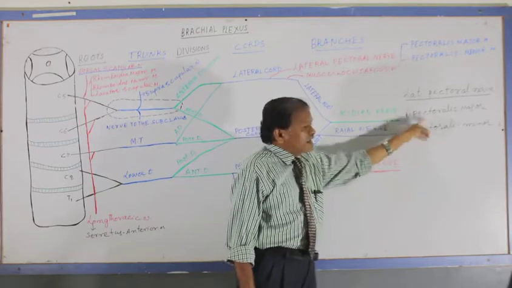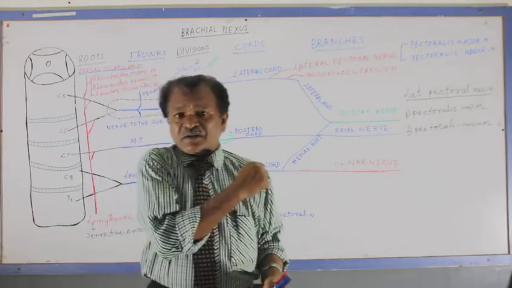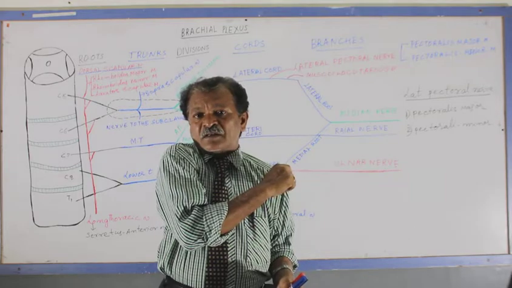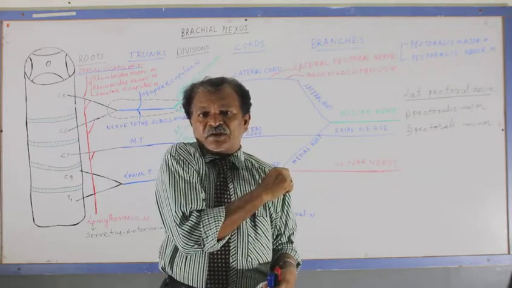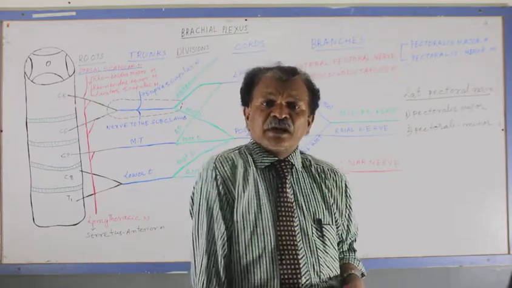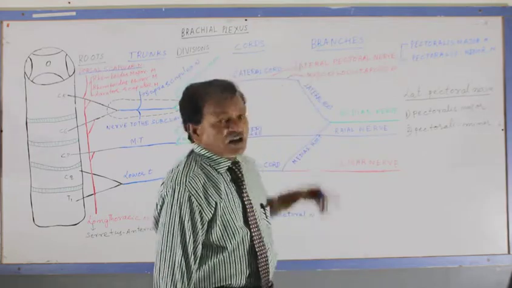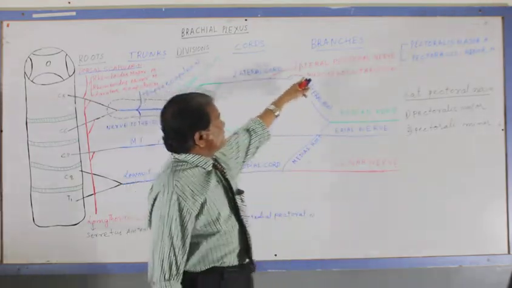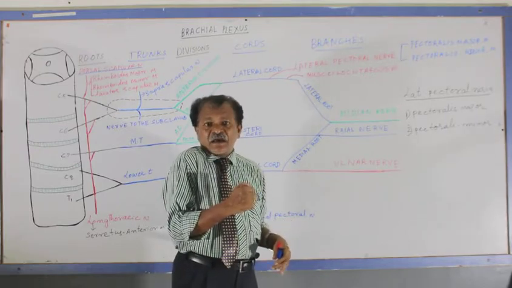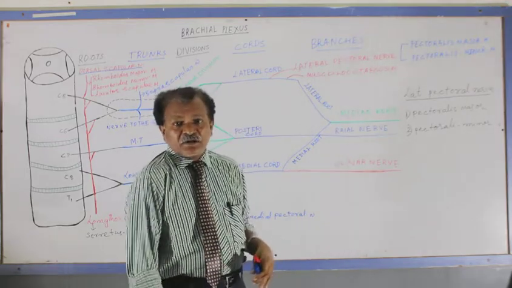The main function of the pectoralis major is adduction of the upper limb, adduction of the arm, and this is one function. Another function is medial rotation, which is mainly maintained by the pectoralis major. In a case of involvement of the lateral pectoral nerve, there is no proper adduction of the arm and no proper medial rotation.